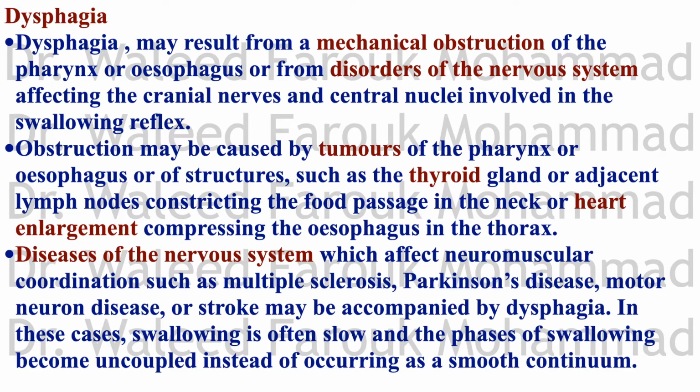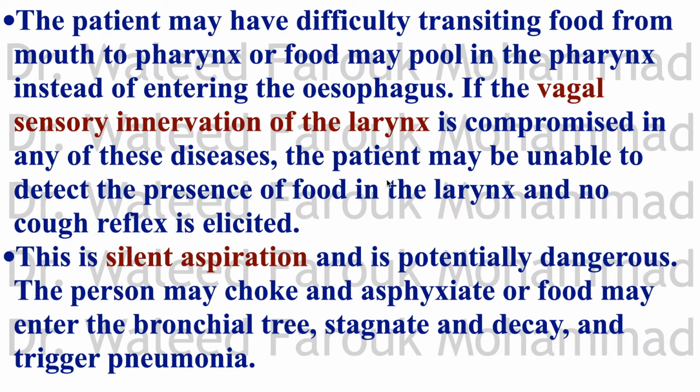So there is difficulty in swallowing. Now, the patient may have difficulty transiting the food from the mouth to the pharynx, or food may pool in the pharynx instead of entering the esophagus.